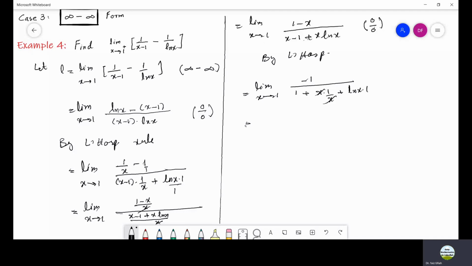From this we obtain the limit as x approaches 1 of minus 1 divided by 1 plus 1 plus ln x. Let us apply the limits. So we have minus 1 over 1 plus 1 plus ln 1, and ln 1 is 0. So we have minus 1 over 2. So that is the final solution.